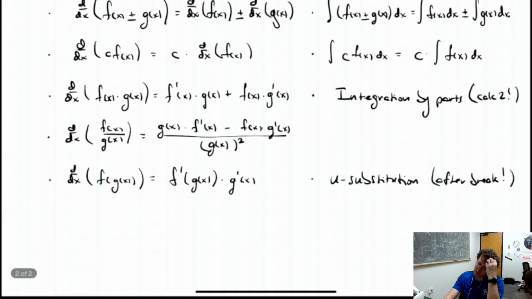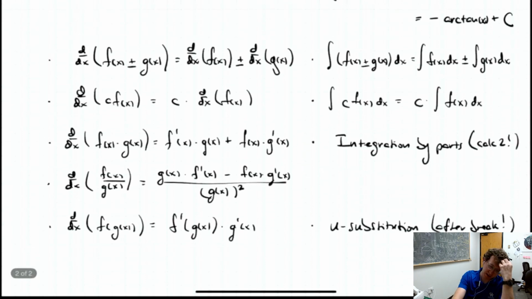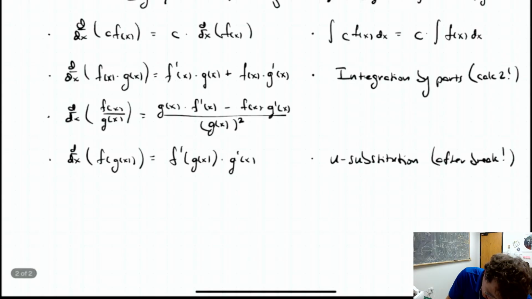The only other way to combine two functions together that we have not already touched on is exponentiation.